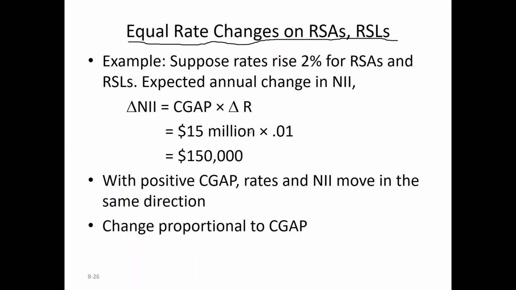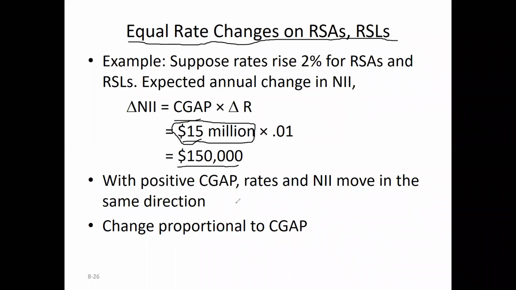But if it's in here, expected annual change in net interest income, let's say the cumulative gap is 15 million, a positive number, okay? It's a positive number, times 1%, and that will increase your net interest income by 150,000.